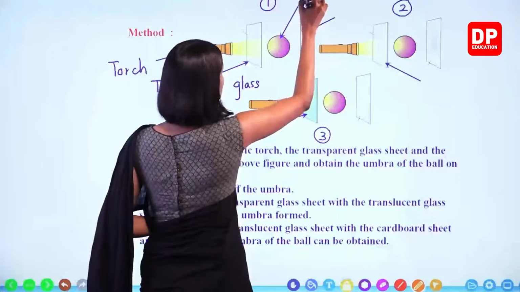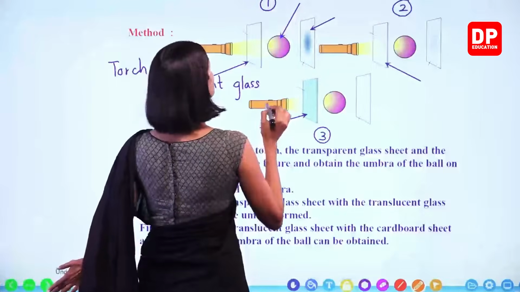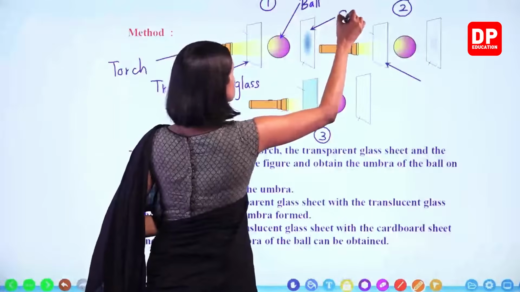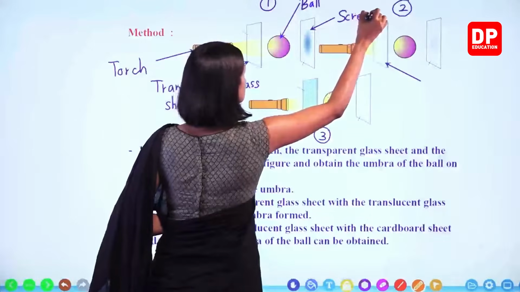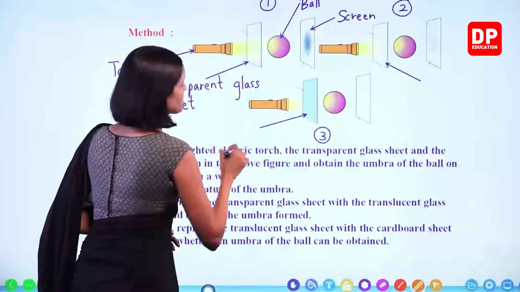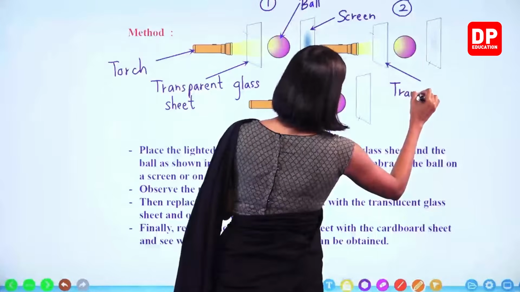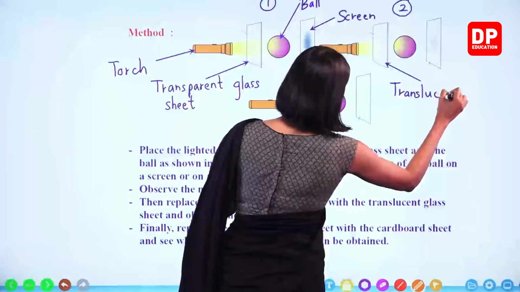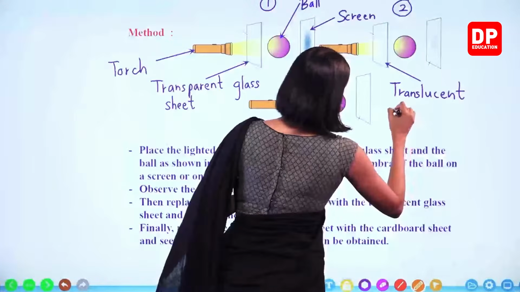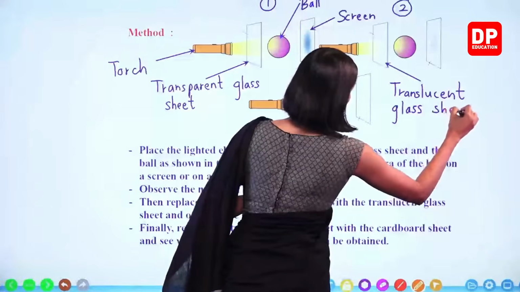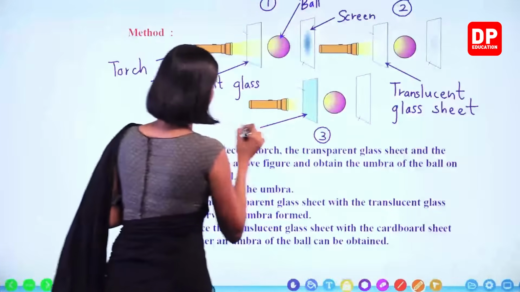This is the ball. And the screen. This is the translucent glass sheet. And finally the cardboard sheet.